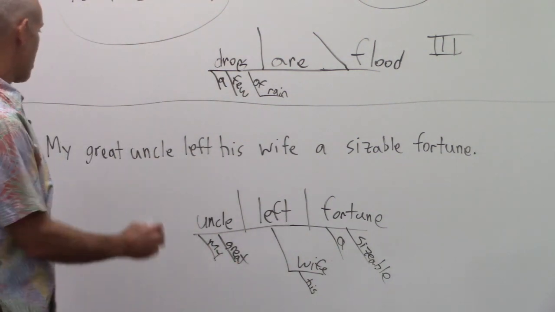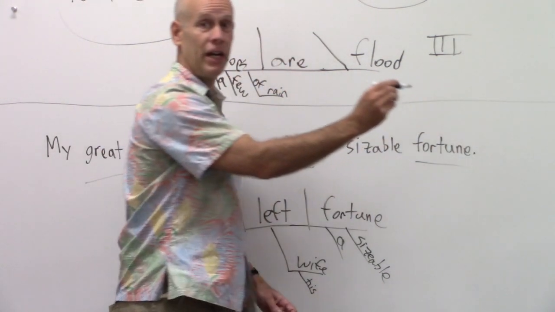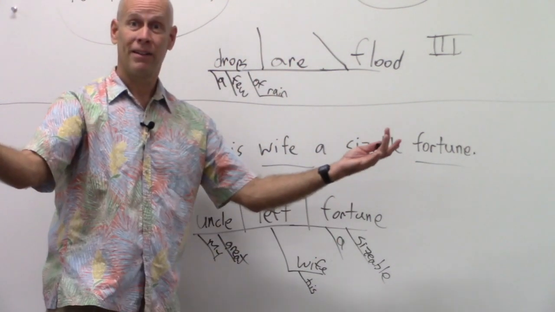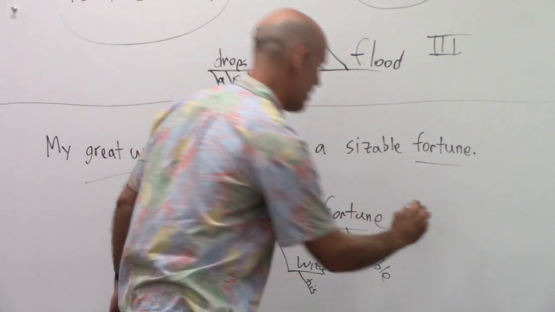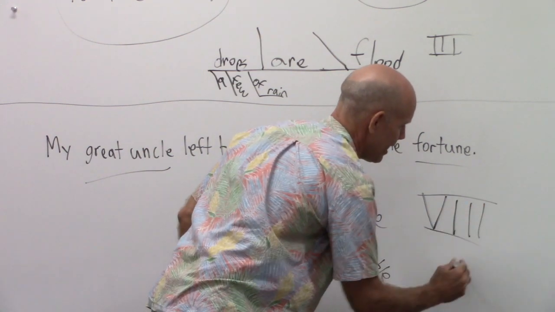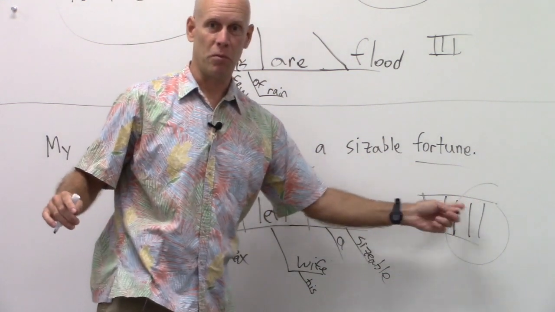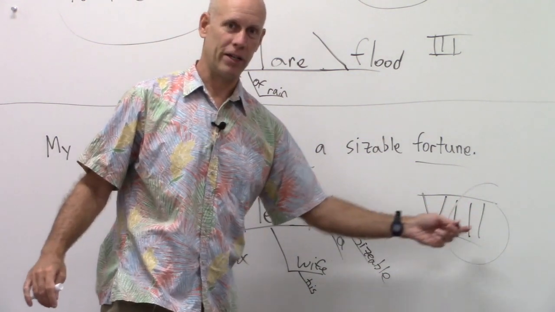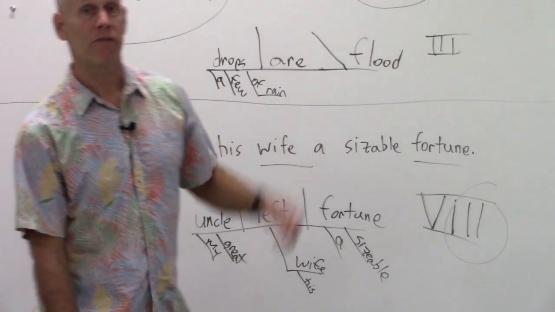So we have noun phrase 1, noun phrase 2, noun phrase 3. What's our pattern? Pattern 8. Why is that? Because there's 3 noun phrases. All right, and of course, if we're doing our little memory trick, you can't spell a Roman numeral 8 without a Roman numeral 3 attached on there. Good for you, buddy. Okay, we have 2 more over here, and then we're done.